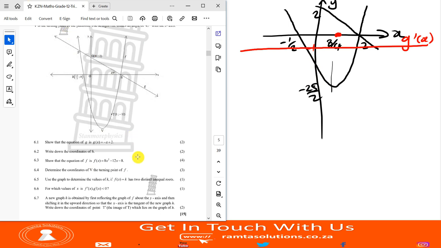So this is negative 12.5, which means negative 12 will be somewhere here. So that graph will move like this. This is f prime x, and this is g prime.